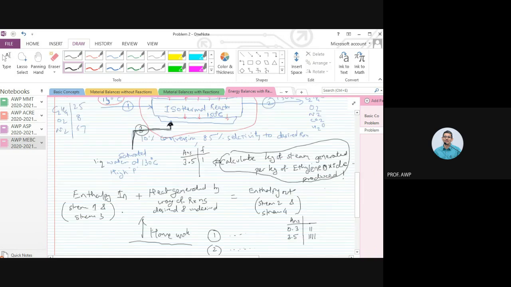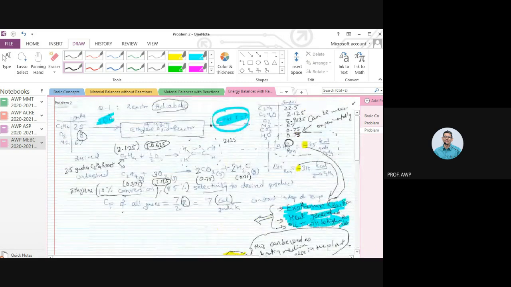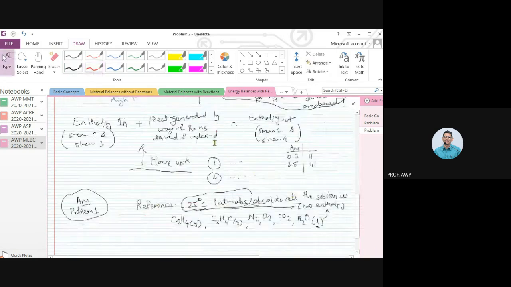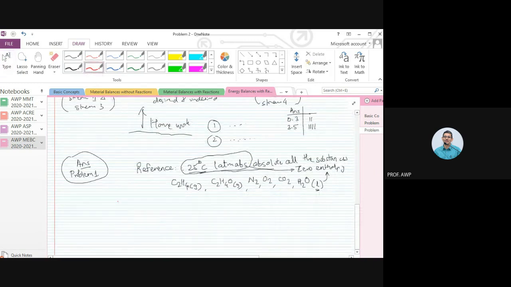Now, if we give stream names, let's call the inlet stream as stream 1, outlet stream as stream 2. Okay. So the reactor is adiabatic. So what can we write?